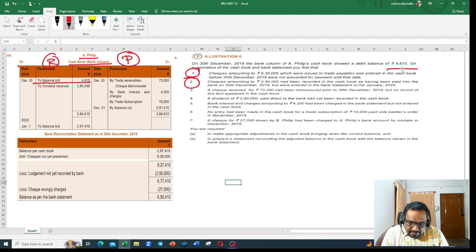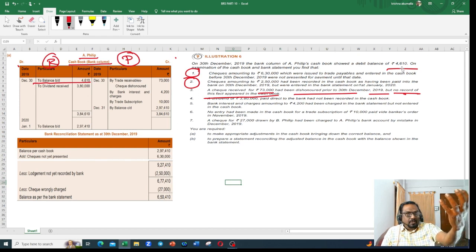Clear? Next, a check received for 73,000 had been dishonored prior to 30th December 2019, but no record of this fact appeared in the cash book. So to this extent, the entry was not recorded. What do we need to do for this now? I already told you, if the check got dishonored, what entry do we need to prepare?